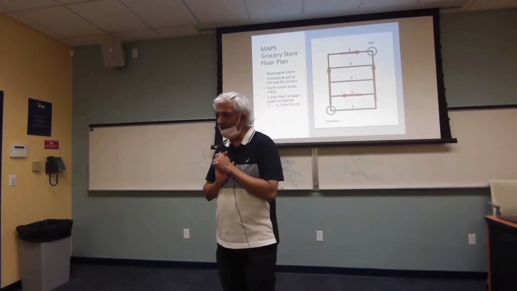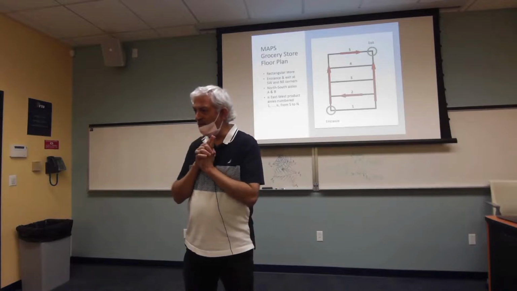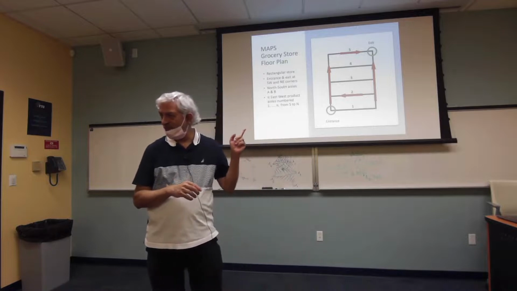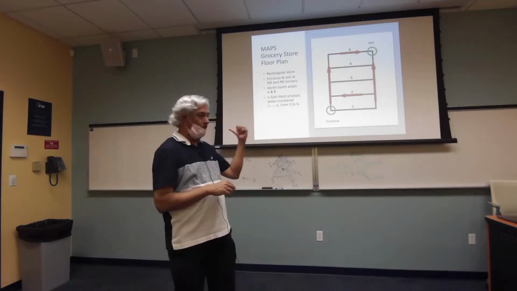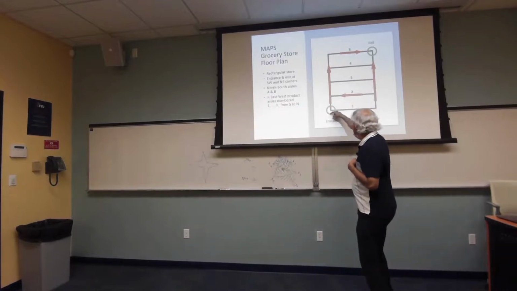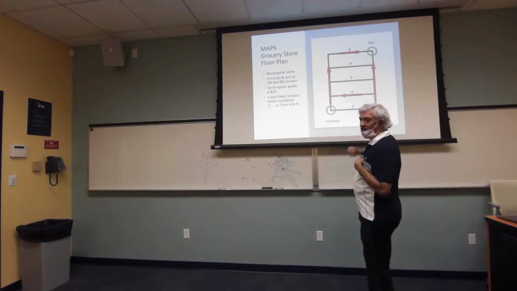You have one? Okay, tell me. What do I do for aisle 1? Going this way, and then you go up to the 5th. So I'm going up to the 5th, and then, oh, wait a minute, but then I can't come down this way.